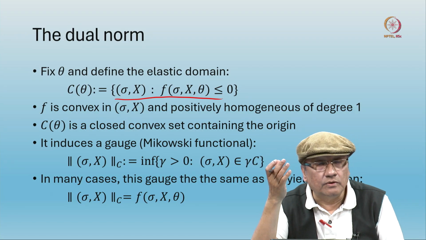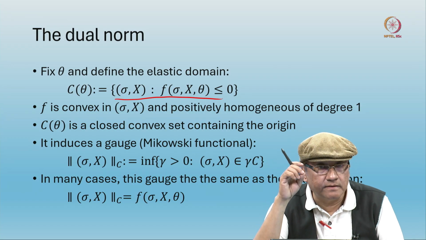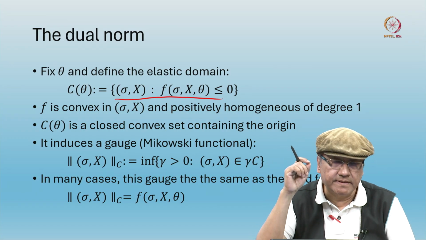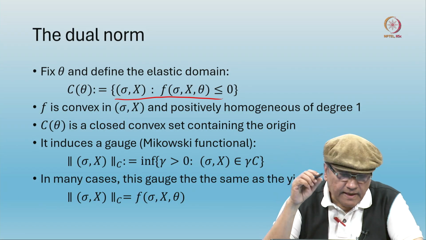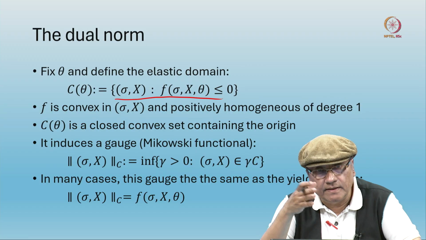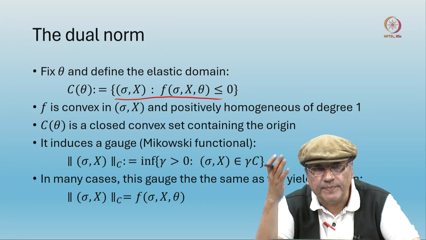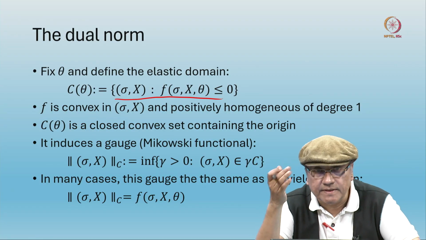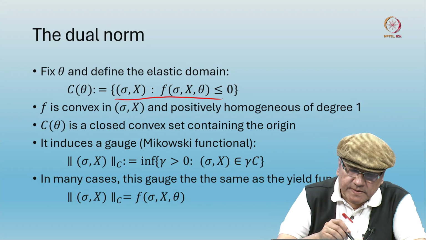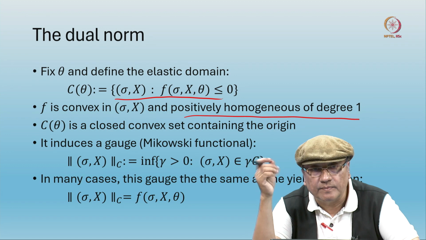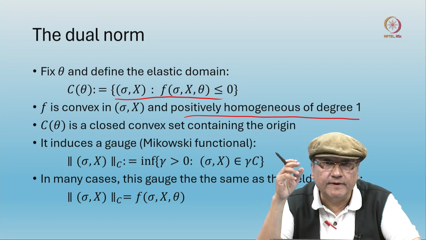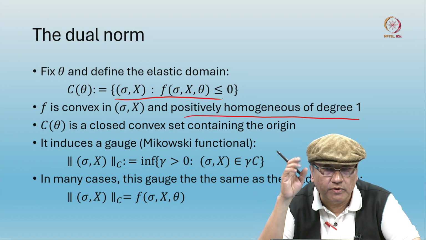So, we also require that this yield function is convex in all these thermodynamic forces like sigma and x, and because it represents the rate independent part of this dynamics, it is positively homogeneous of degree 1, because as you know in rate independent plasticity the yield function is positively homogeneous of only degree 1.